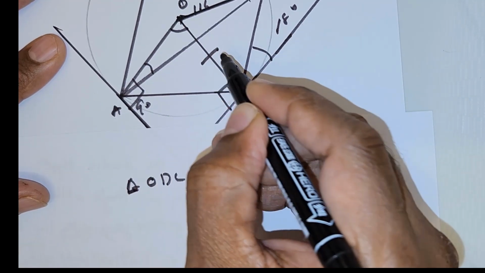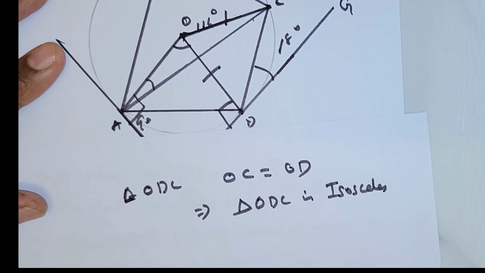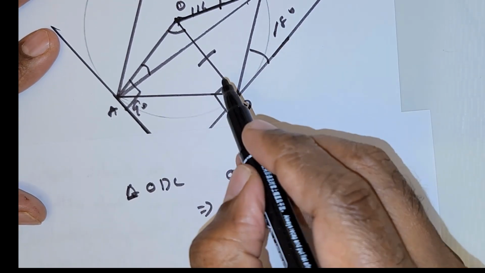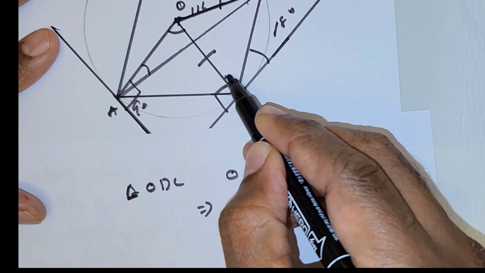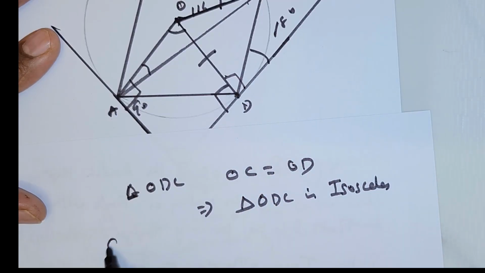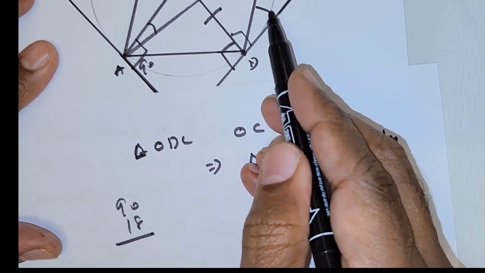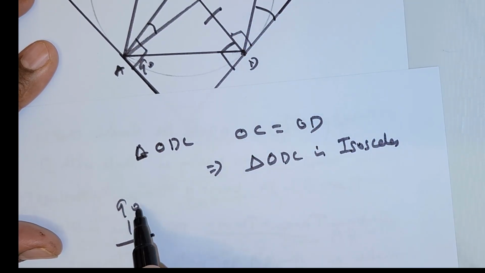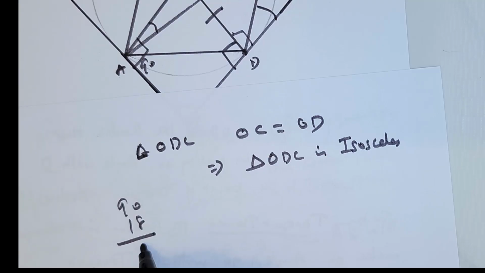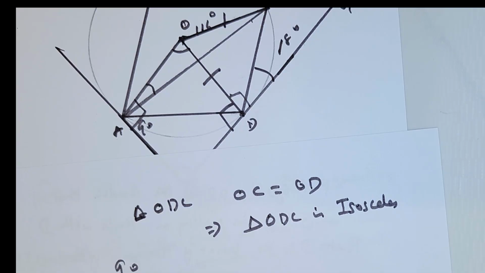So this means this side and this side are one and the same. Now we know this entire angle is 90 degrees. So from 90 degrees, if I take away 18 degrees, this is 18 degrees. I'm going to take away 18 degrees. So I get 72 degrees.